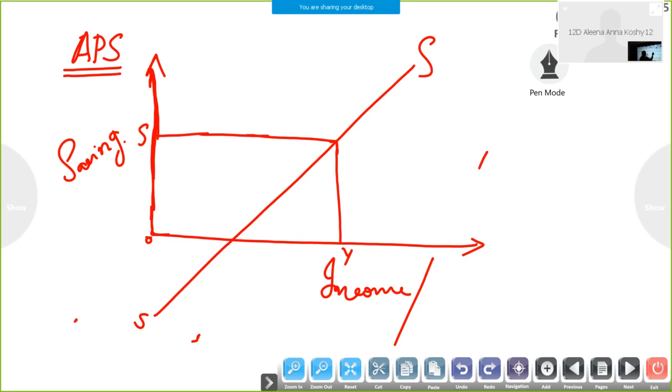So from the diagram, APS is equal to level of saving OS, or suppose I am giving here P. This is level of saving OS by level of income OY.